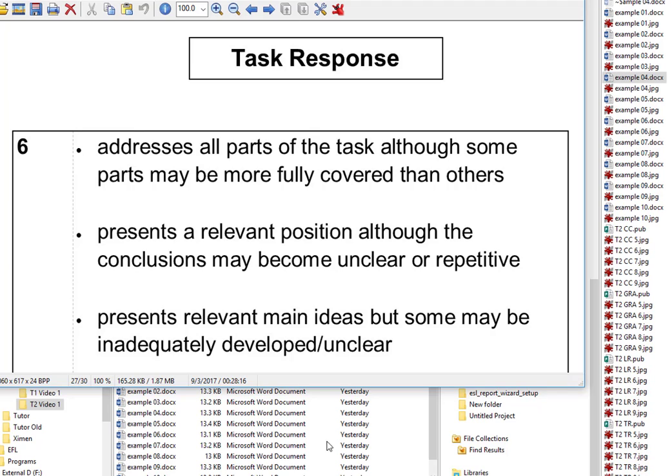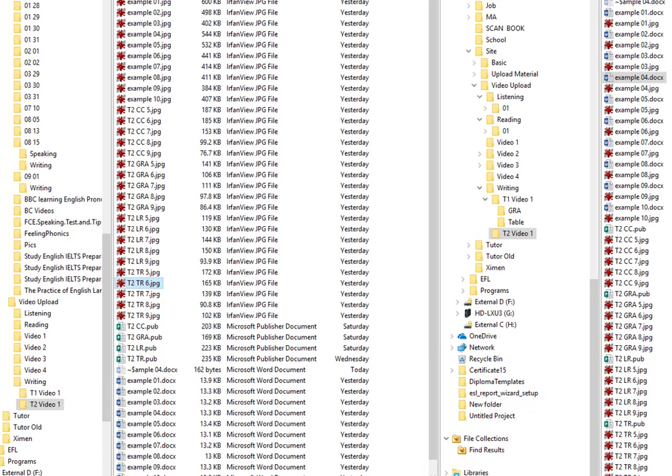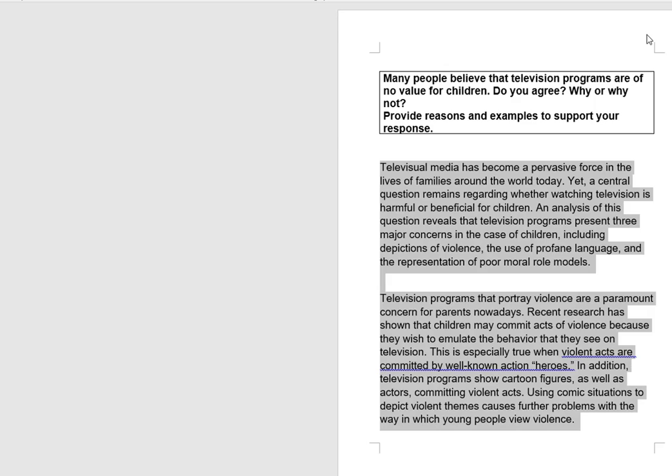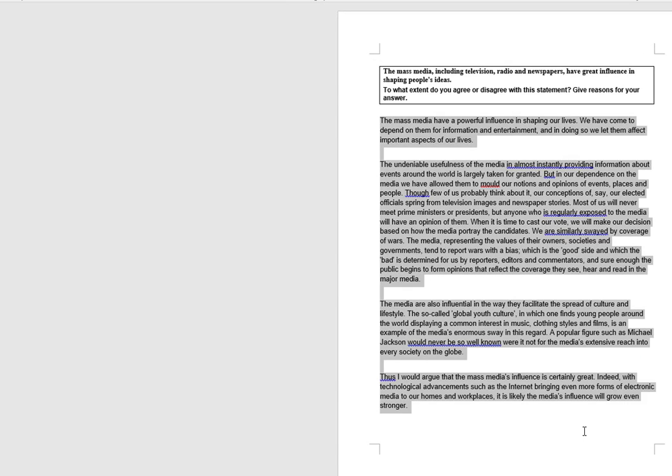Task response, the weakest of all of these criteria. And if we look at the word count, let's see, too long, 332 words. So it's not really a realistic example. Again, this is just someone who sat down and wrote this.